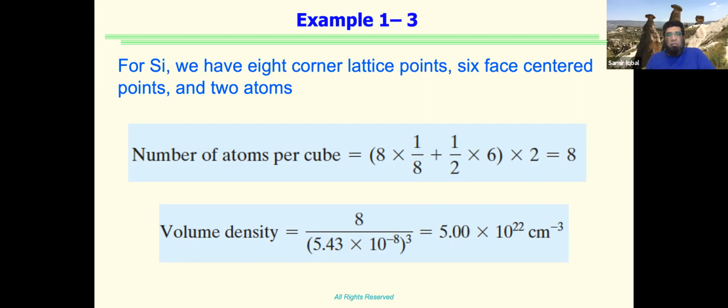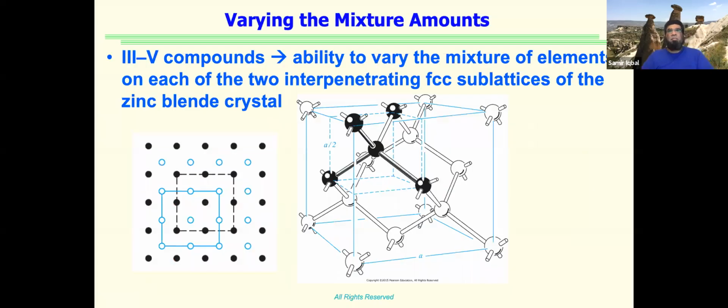Especially when we are talking about one element like silicon, this is straightforward. But that's not always the case. Many times we may have different numbers of different elements and they go in combination. So we have silicon from group 4.